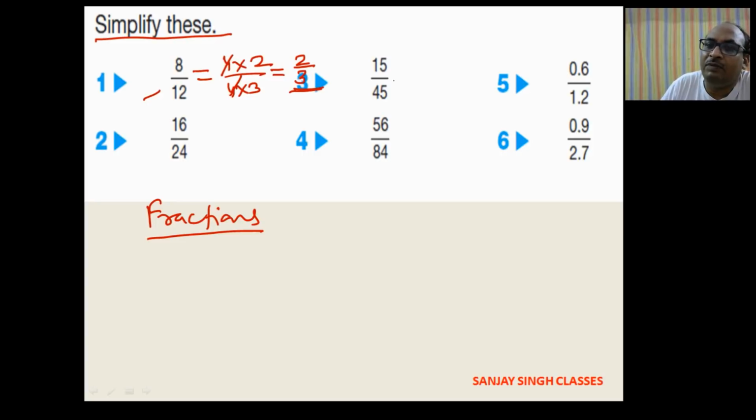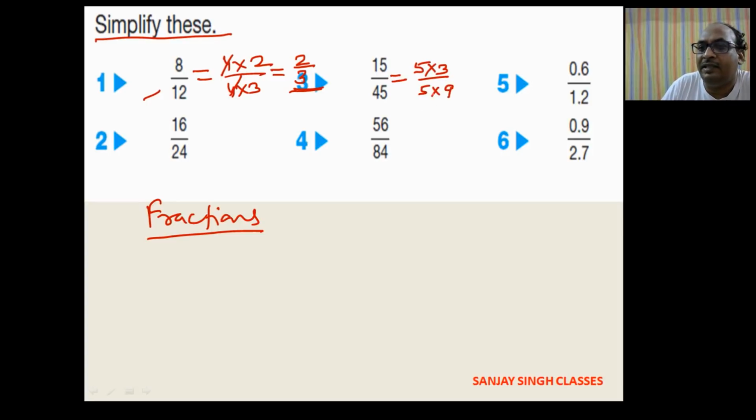Similarly for 15 by 45, we see that 15 is a multiple of 5, and 45 is also a multiple of 5. So we can write 15 by 45 as 5 into 3 divided by 5 into 9.